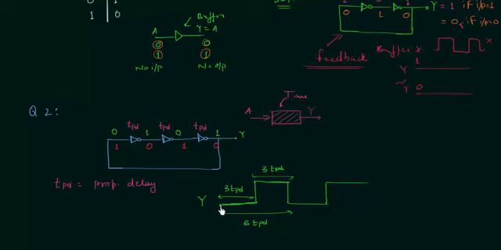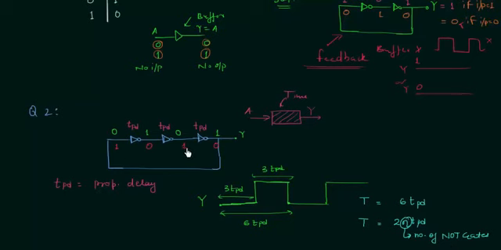We had Y equals 0, and after 6 T_PD we again have Y equals 0. So I can say capital T, that is the time period, is equal to 6 T_PD, or I can generalize this: capital T equals 2 times small n times T_PD, where small n is the number of NOT gates.